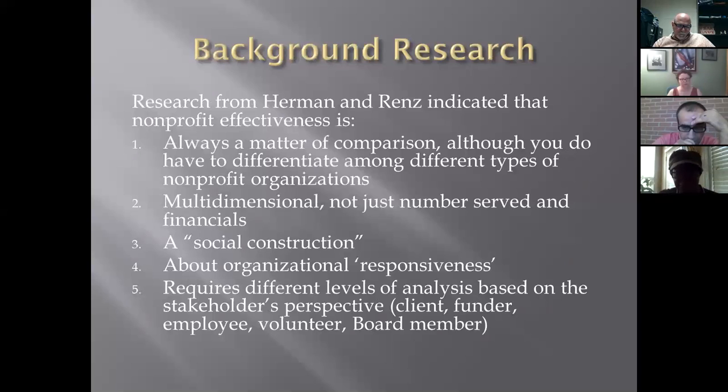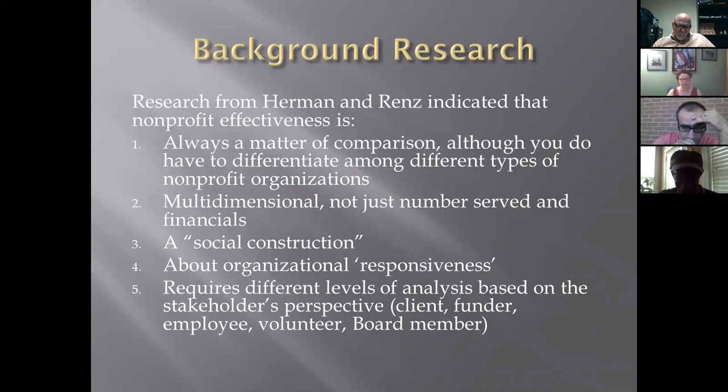Effectiveness is also a social construction, which means that it's based on what individuals believe are the indicators of effectiveness. That social construction or belief system or perception that people have is something that you need to pay attention to, because they are placing value on the organization based on that perception.